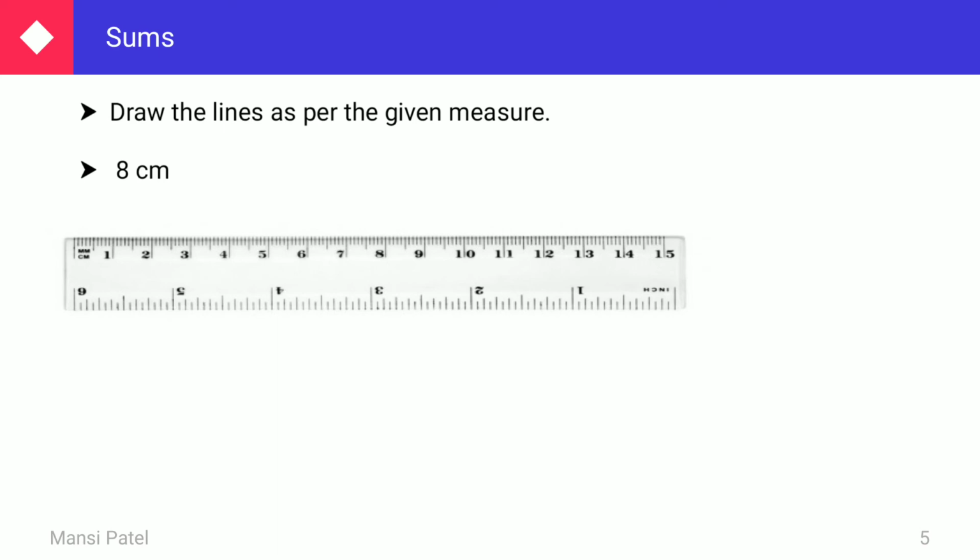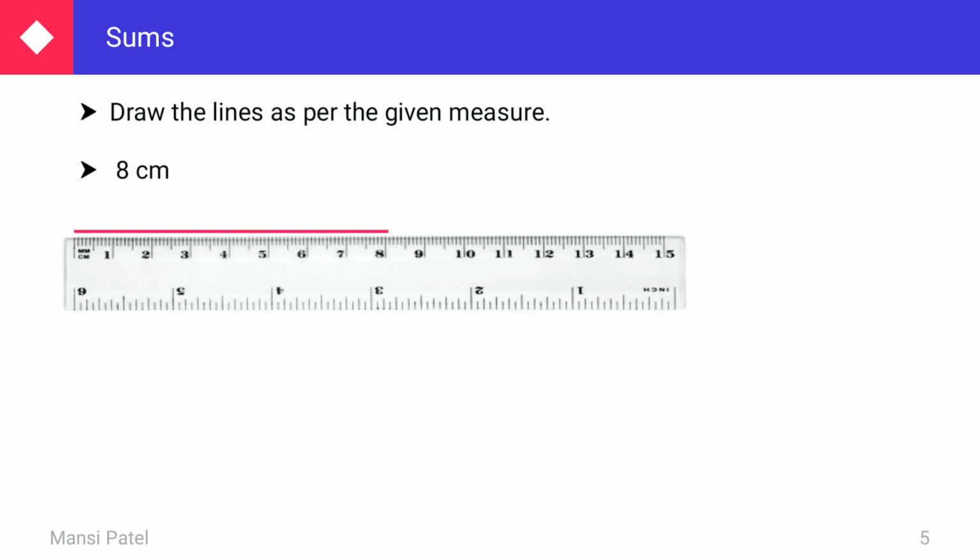You are not supposed to start from 1. Always you have to start the line from 0. Now your starting point is 0, and the measurement for the line is 8 centimeter. So you have to draw one line starting from 0 and ending on 8.